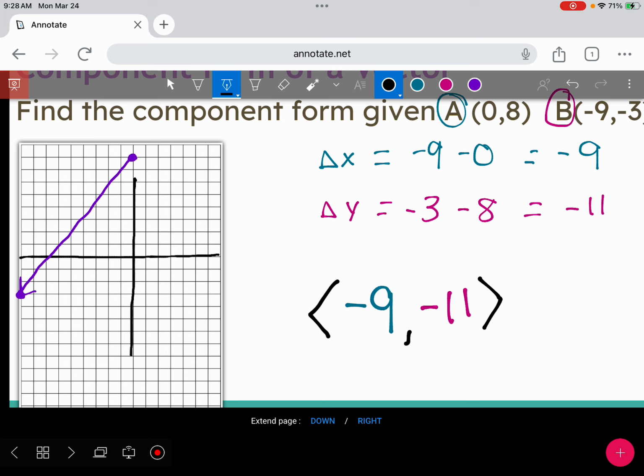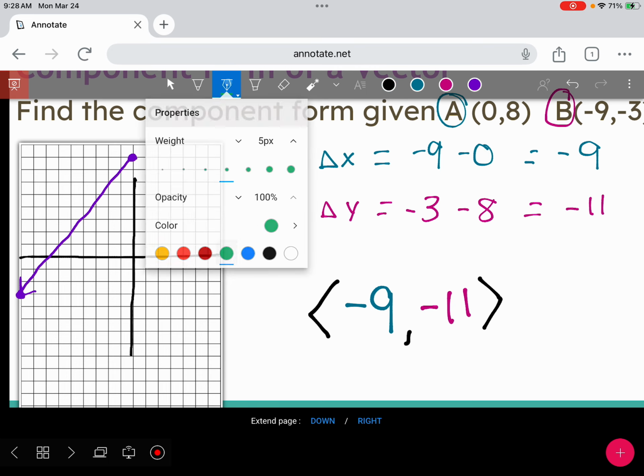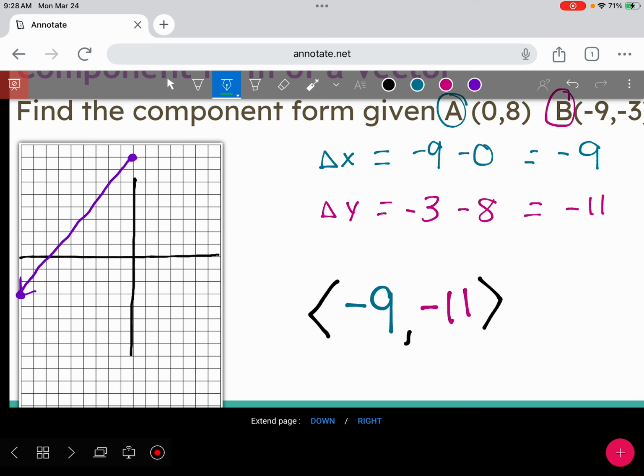Because if I was to move this down so it was at that initial position, that home position, we would be at -9, and then -9 minus 11, it would be like this.